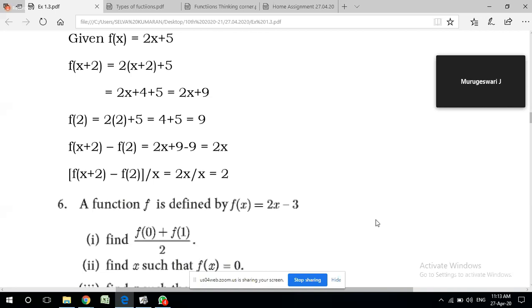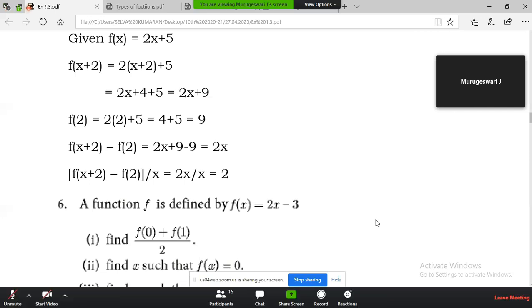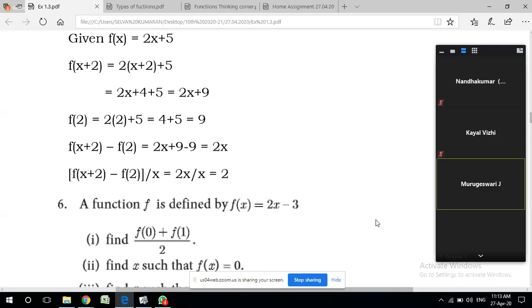We found the answer. Next, find x such that f of x equal to 0. What is given? F of x equal to 0, then you can find the value of x. So f of x equal to 0 means, what is f of x? 2x minus 3. So that is equal to 0.